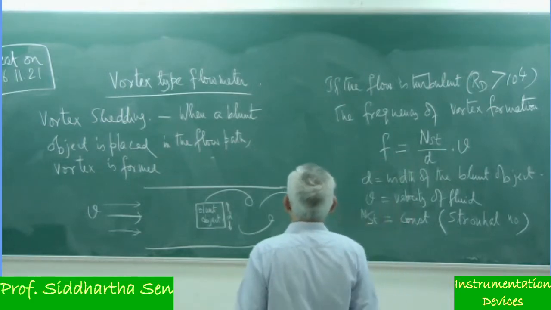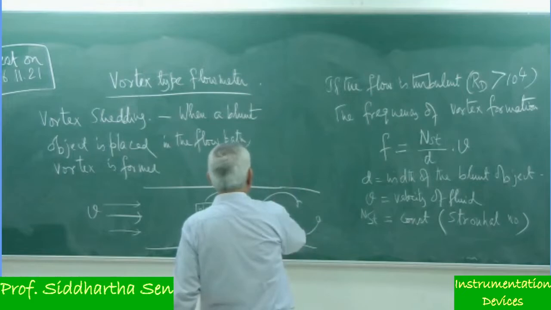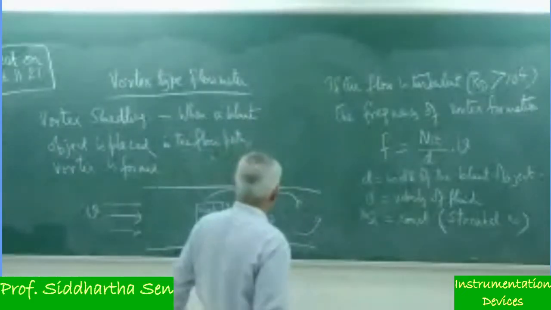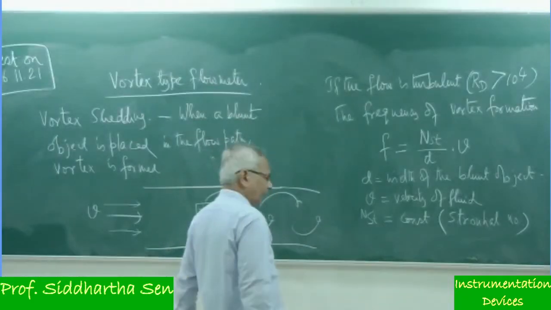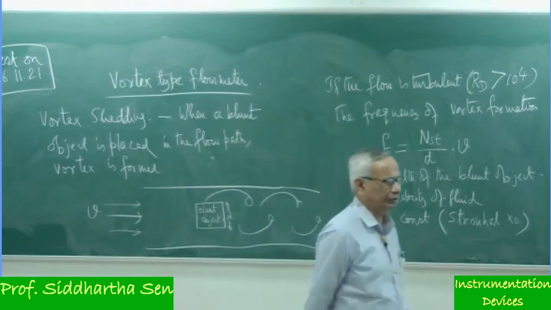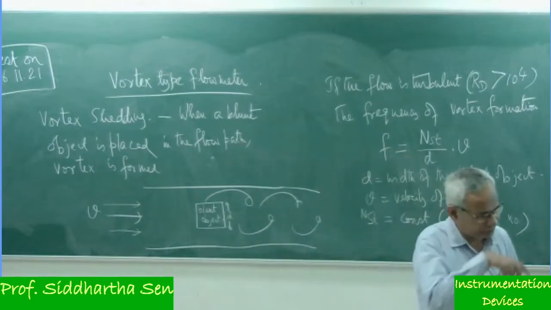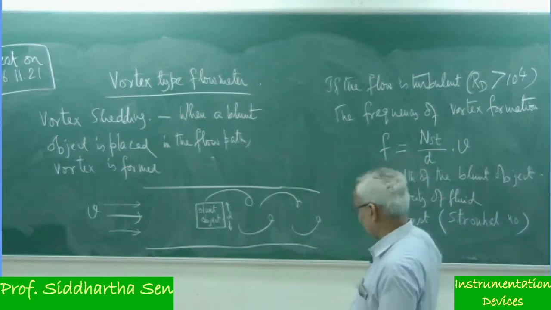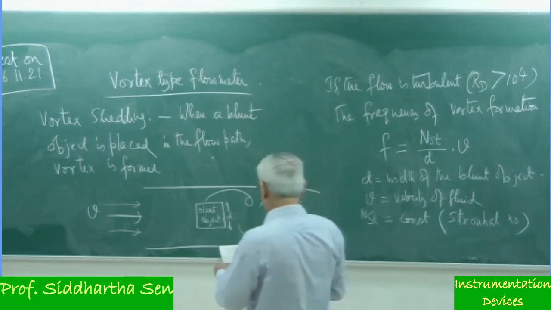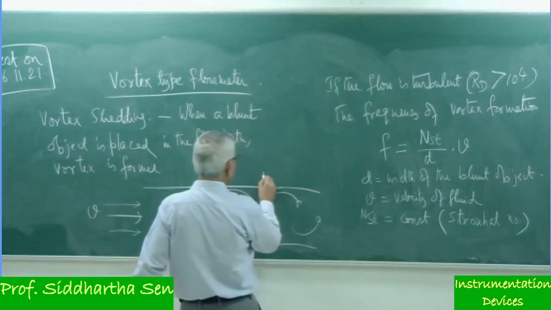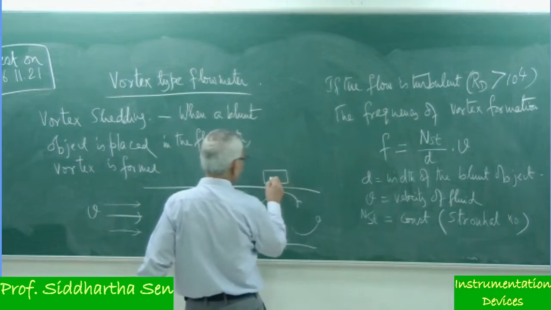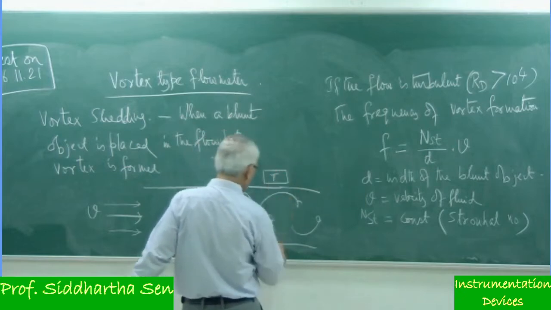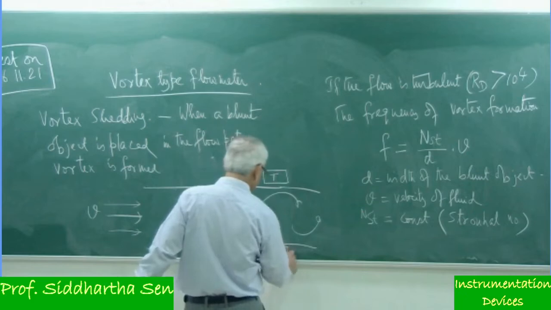So naturally, you measure the frequency, how many vortices are formed in 1 second. You can estimate this with your eye also, but it is better to use some instrument. So what we do is that we can use some sort of transmitter and a receiver.